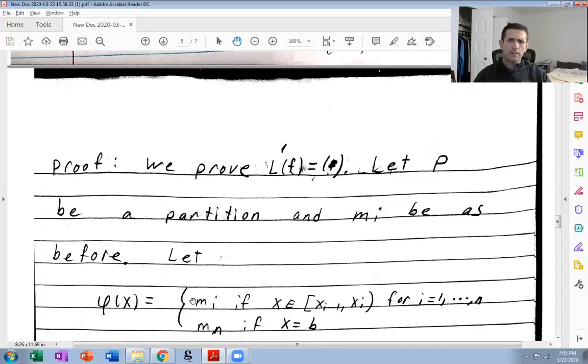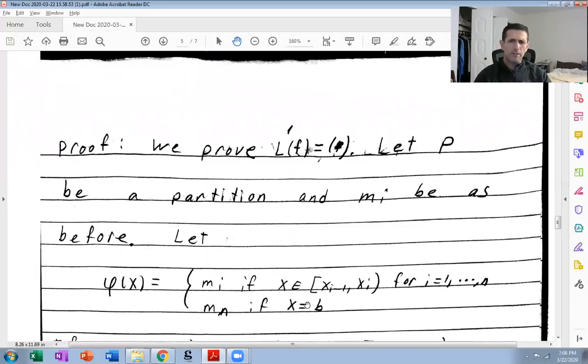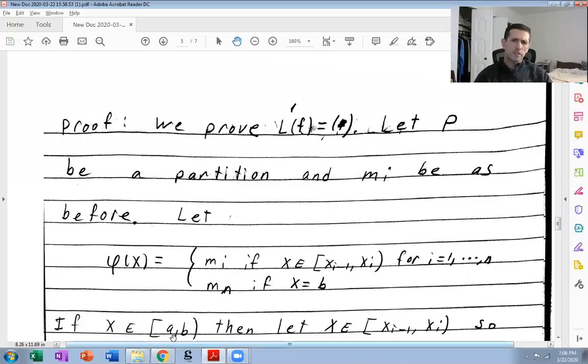So I'm going to define it as little mi if x is in this half open, half closed interval corresponding to a partition P, and little mn if x is the right endpoint. So by definition of a partition, this basically handles everything in the half open interval a to b, and this handles b. Okay, so we look at those two cases. Let's say little x is in this half closed, half open interval.